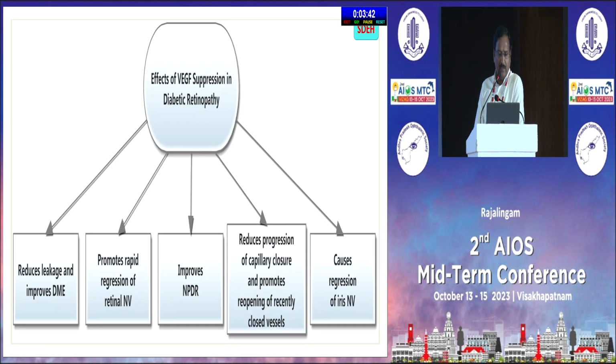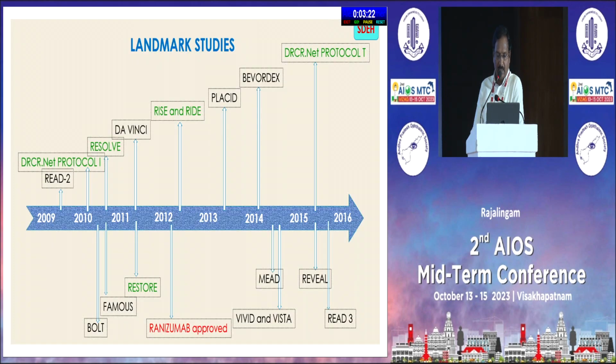Anti-VEGFs act by reducing leakage and improving DME, and they improve NPDR. They reduce progression of capillary closure, promote reopening of recently closed vessels, and cause regression of iris neovascularization.